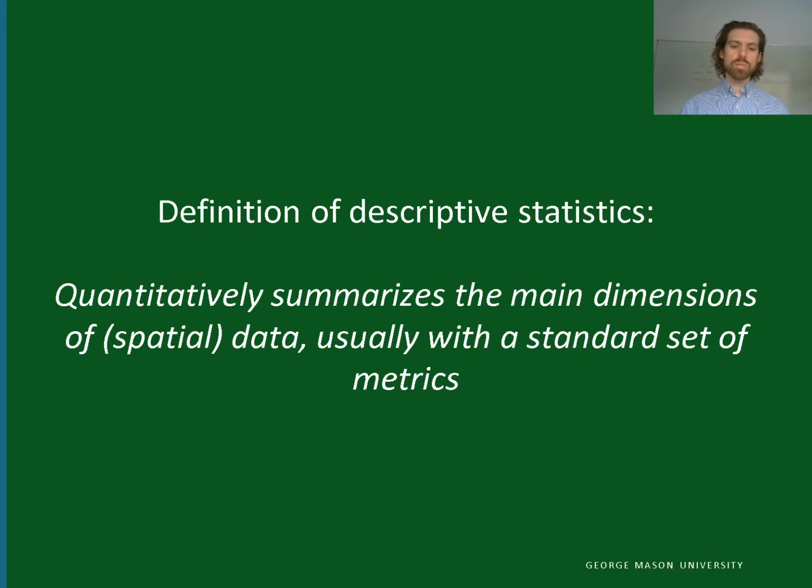Generally, there's a common usage of those metrics in order to describe data. It's usually presented, for example, in an academic paper within a table at the start of the analysis before maybe doing more complex quantitative analysis later on.